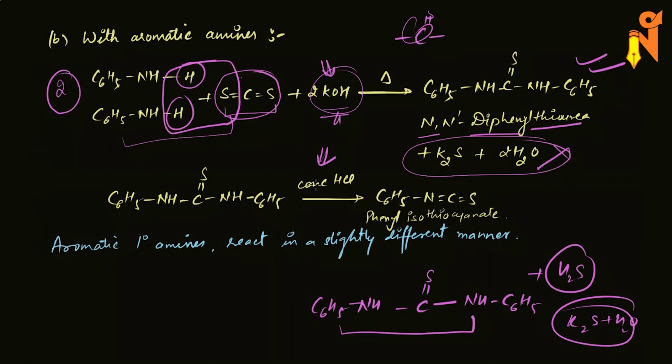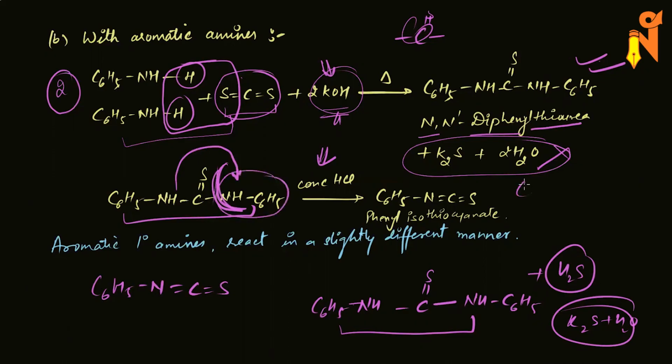So here, when the reaction with HCl happens, this whole molecule will split into parts and form C6H5N double bond C double bond S. So basically this whole thing will be out, this hydrogen will also be out, and this will come out as C6H5NH2.